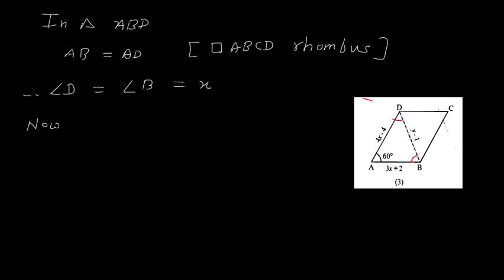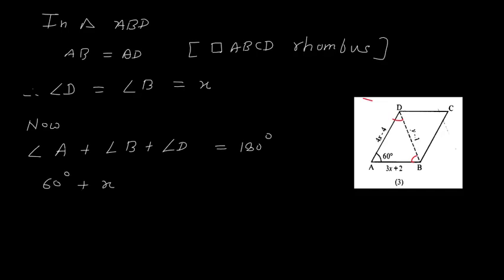Now the sum of three angles, I will say in triangle ABD: angle A plus angle B plus angle D, the sum of these three angles is 180 degrees. Now angle A is 60 degrees.